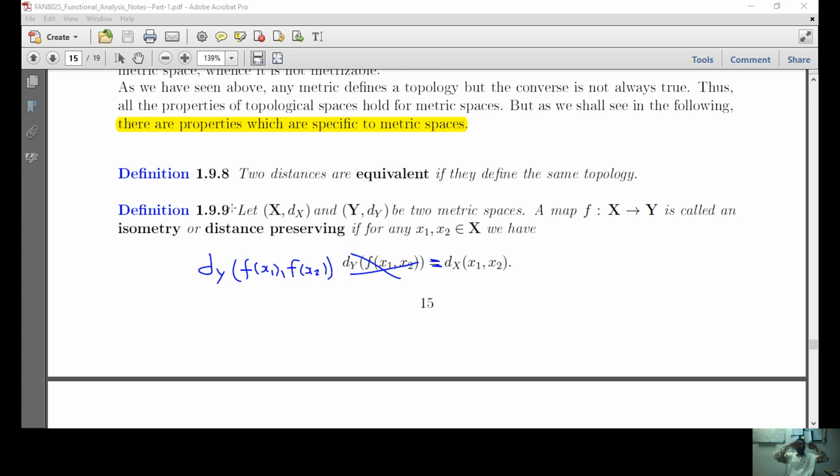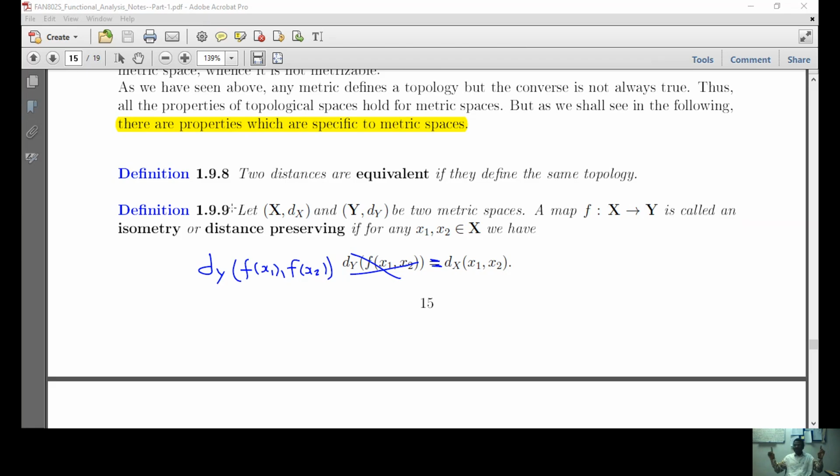If you take the metric space E endowed with the D1 distance, and the same set E, but this time with D2, the underlying topology endowed by D1 and the one endowed by D2 are two different topological spaces, right? They're different because D1 and D2 are two different distances.